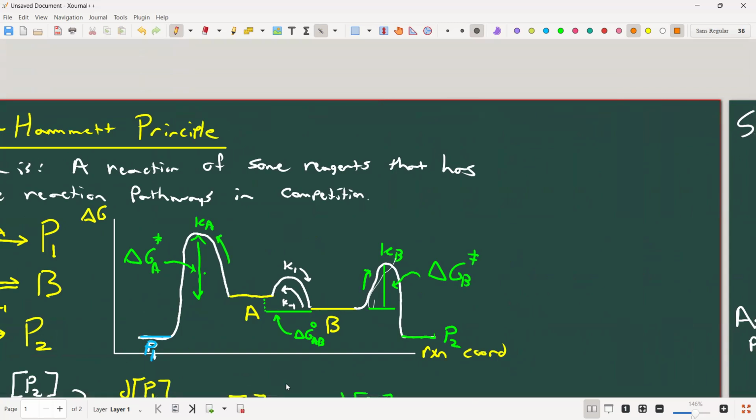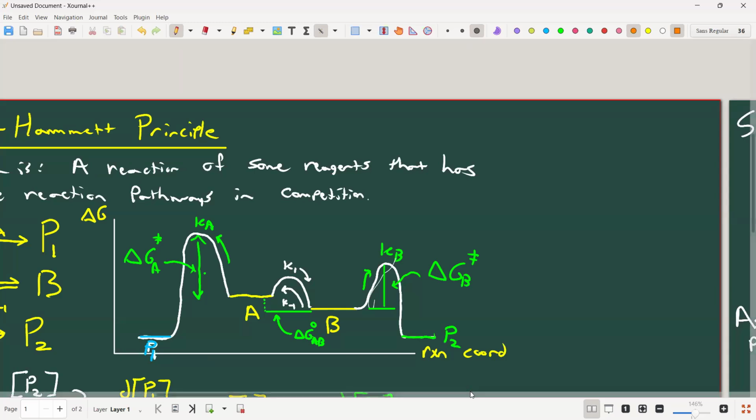The difference between these has something to do with the difference between these two energies. If we sum these all up together, you can see that they all kind of correlate to each other, right? As A and B move, that will change G B relative to G A. And if I move G A relative to G B, it's going to change things as well.